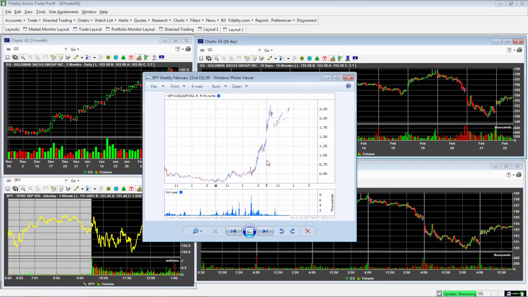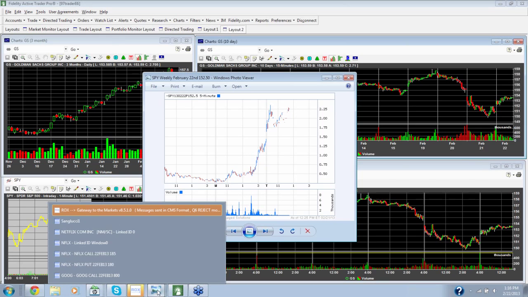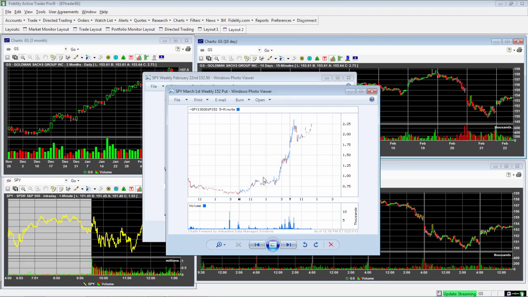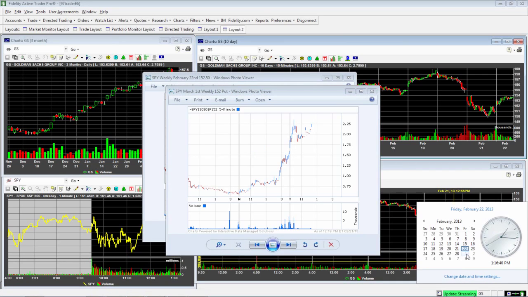So this one, I had 1,000 contracts of, and the one for next week, I also had 1,000 contracts of this as well. Obviously, this premium gain was not as much as the weekly, because this is when you're starting to select expirations and strike prices. Your premium gains on expirations that are farther out are going to be less than your premium gains on options that are closer to expiration.